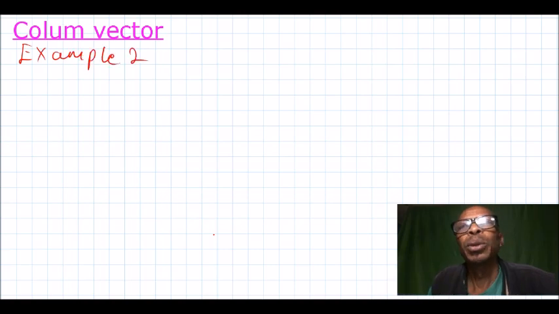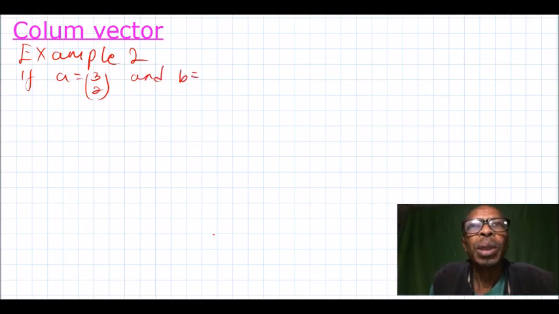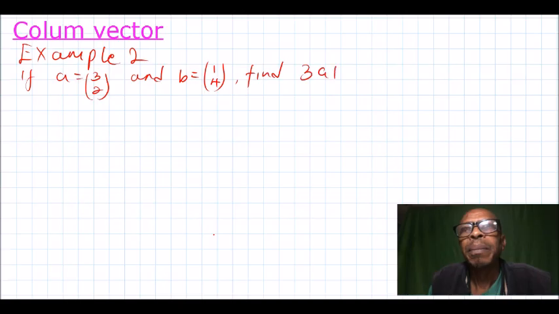Example 2, we are told if A is equal to (3, 2) and B is equal to (1, 4), then find 3A plus 2B. In this example, we have not been told to illustrate using the Cartesian plane. So you just say solution to this.